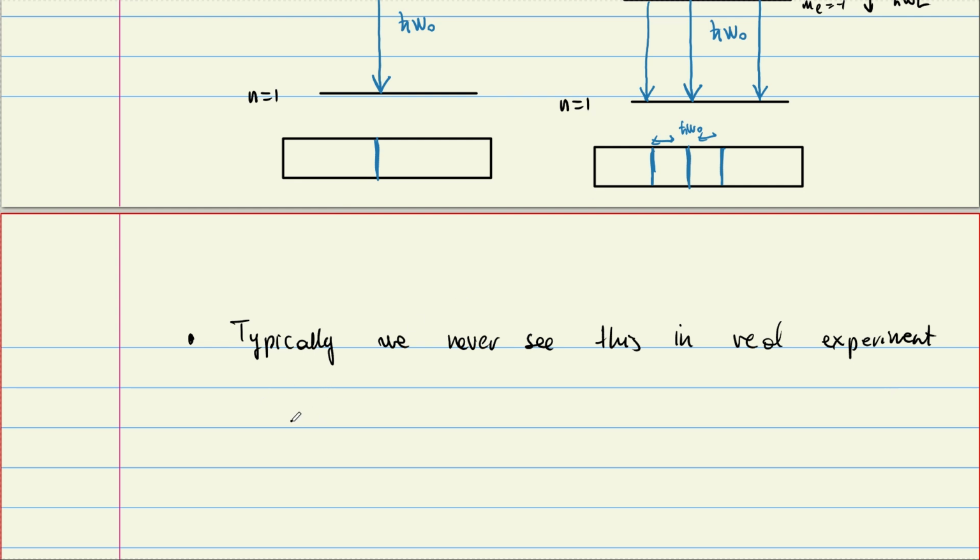But what we see is splitting into 4 or 6 or even more lines. Not like here, not odd numbers, but it seems like an even number of lines.